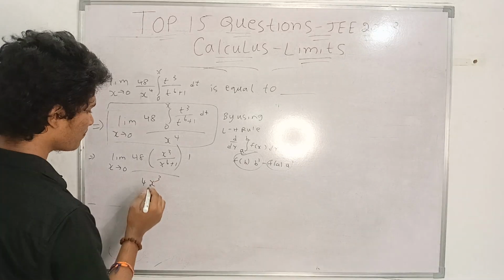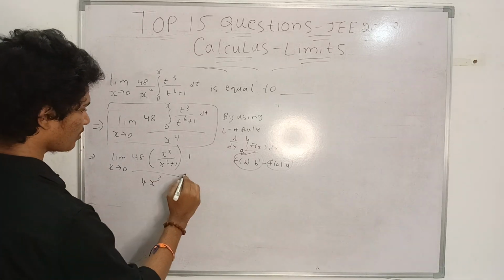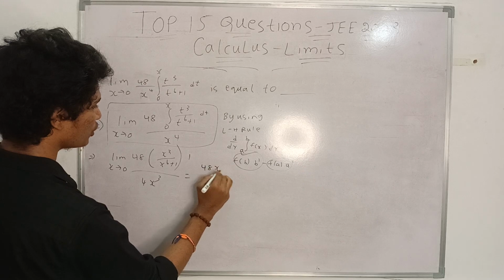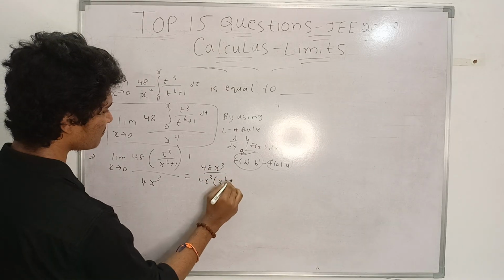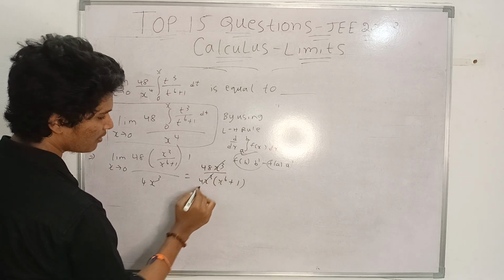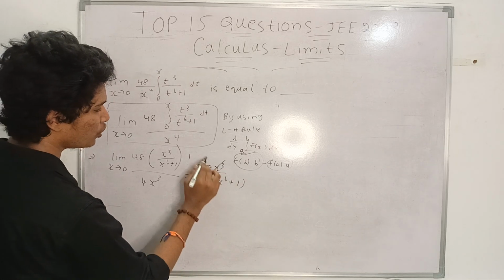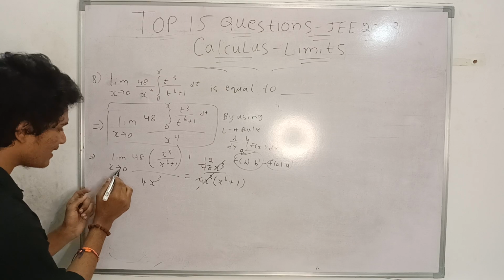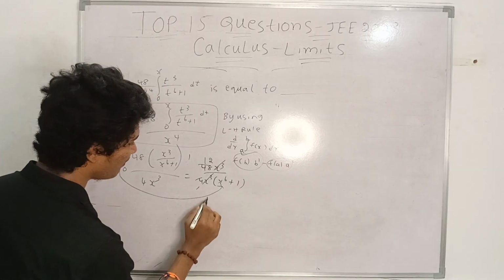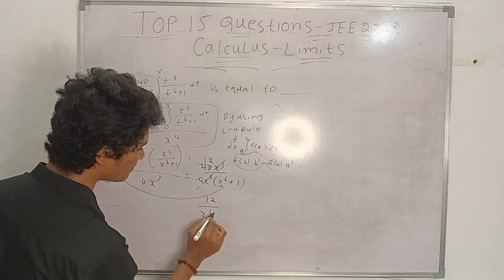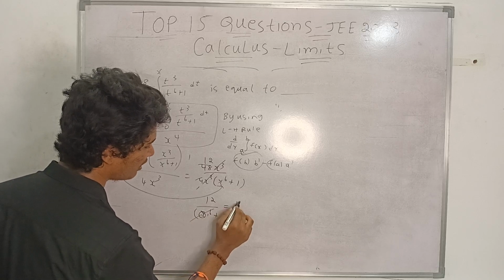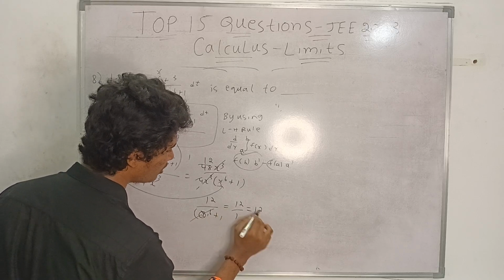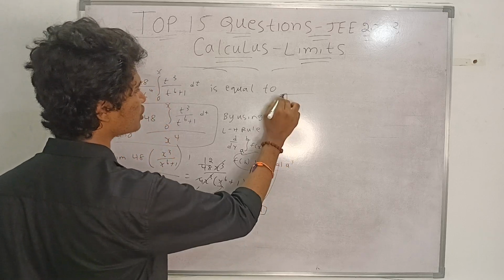Now when you observe, 48x cube divided by 4x cube into x power 6 plus 1, the x cube term is cancelled. 4 ones are 4, 4 12s are 48, so it becomes 12 divided by x power 6 plus 1. When x is 0, 0 power 6 is 0, we get 12 by 1, which is 12. So the complete answer is 12.